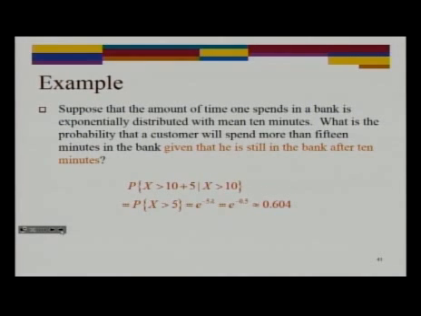Because of the memoryless property, which I just talked about, the exponential distribution basically does not remember that the customer has already spent 10 minutes in the bank. So the desired probability would be reduced down to the probability that x is greater than 5, because of the memoryless property. Does that make sense?